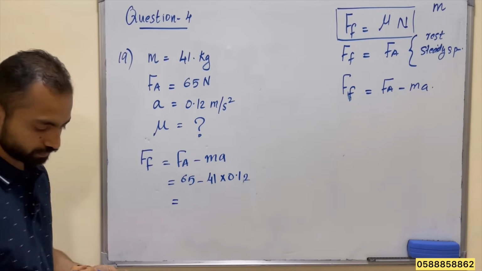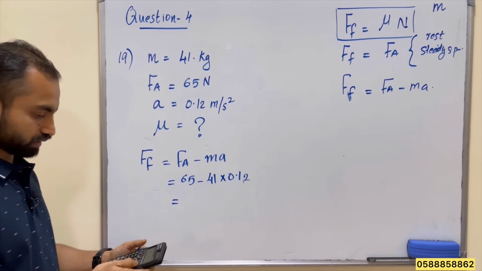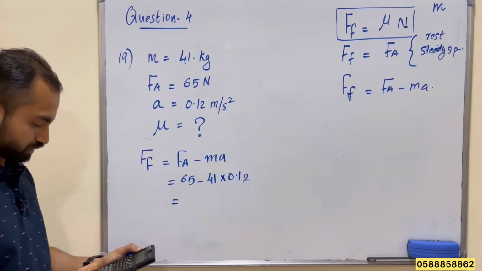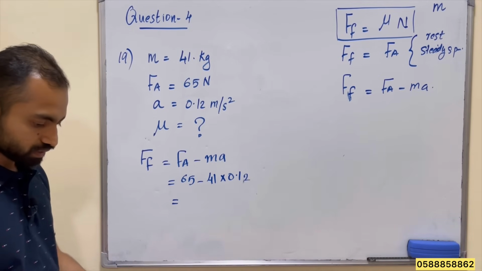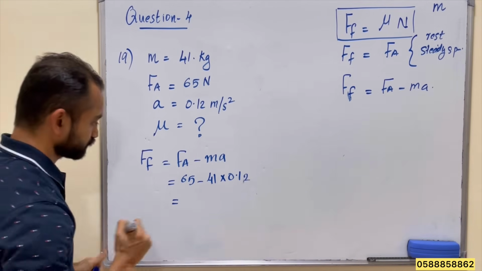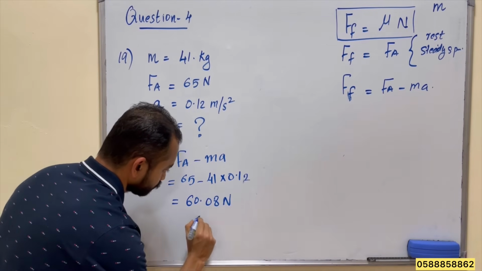That is 65 minus 41 multiplied by 0.12, which equals 60.08. Force of friction is 60.08 Newton.